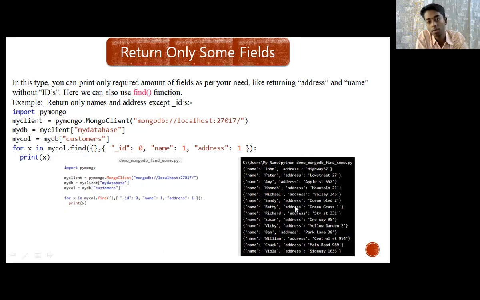So this is how we use return only some fields. Some fields means any two fields, eradicating another field. Like you can eradicate name or address. If you want ID and address as an output without name, then ID 1, address 1, name 0. If you don't want address, address 0, name 1, ID 1, like that. So let's go into the next slide.